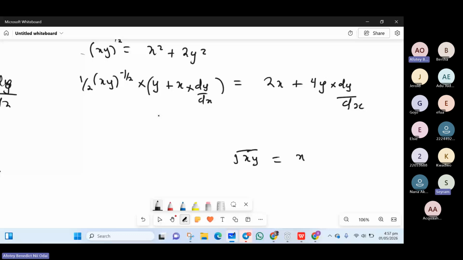So for the x, differentiating the x, you get one, right? So like 1 times y to the power, then plus for the y, x to the power.